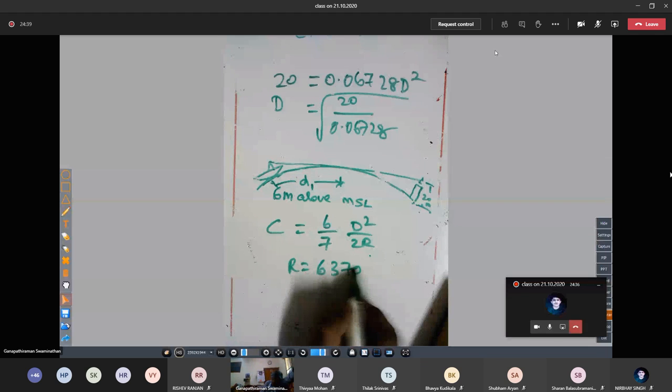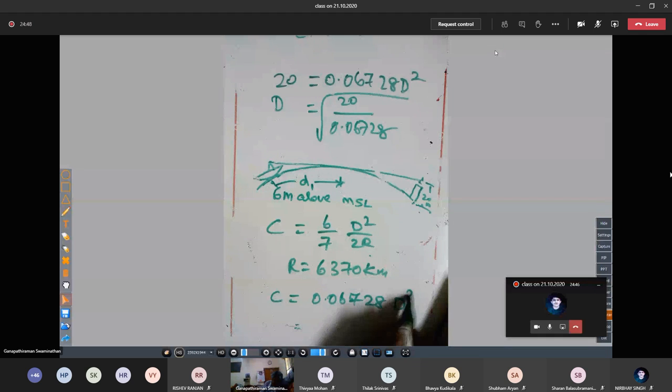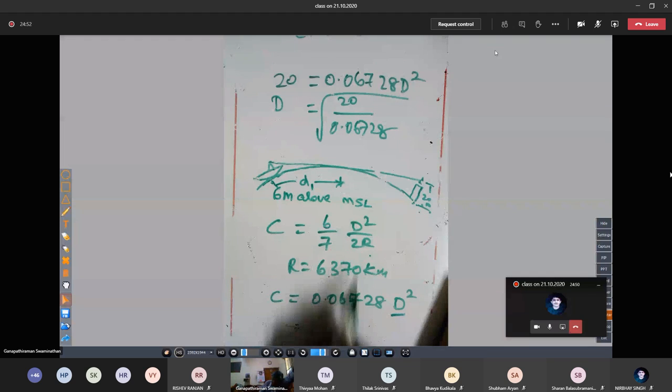When you substitute it, you get the combined correction as 0.06728 D square, where you have to substitute the value of D in kilometer and C you will get in meter.